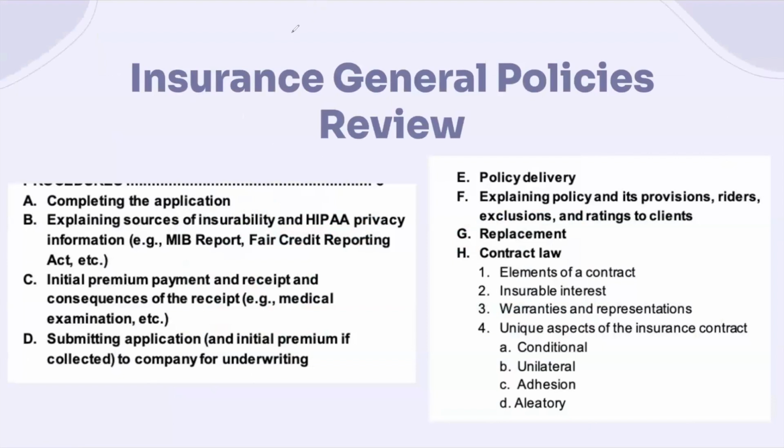So remember when we talked about this in life insurance: completing the application, going through the disclosures, issuing the receipts, delivering the policy. All of this we've already talked about, but it's important, as I mentioned, to review them again, because they shadow back into what we want to know for health insurance as well.